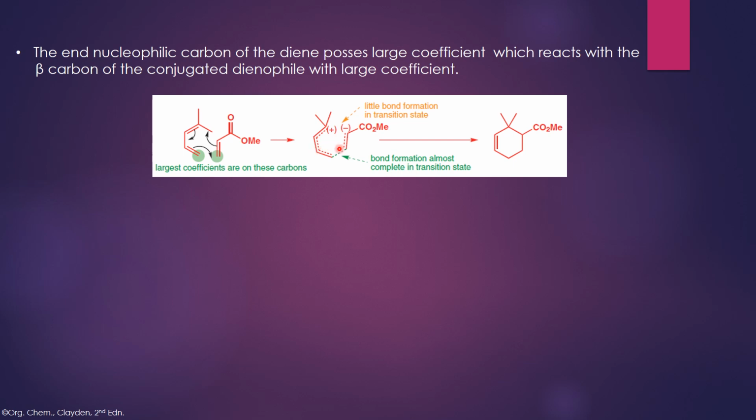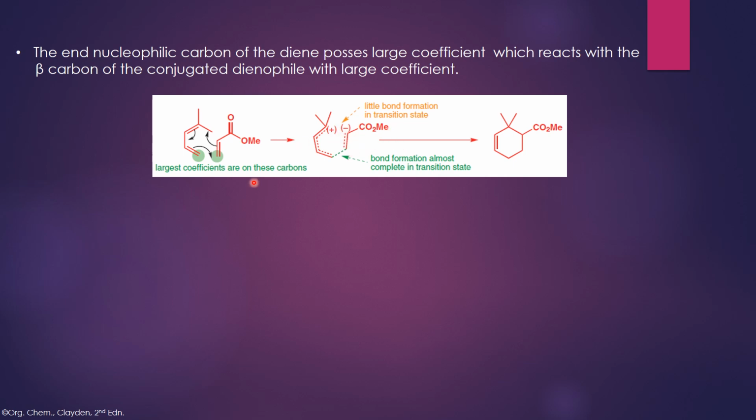Even though this is a concerted reaction, the bond formation occurs at first between these two centers, the largest coefficient centers. That means the butadiene and dienophile at first get anchored at this position, and only after that, a little bit later, does the other bonding between the diene and dienophile occur. At first, the bond formation between the largest coefficients is more enhanced than the other sigma bond formation.